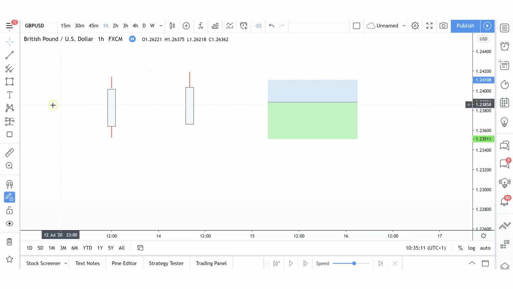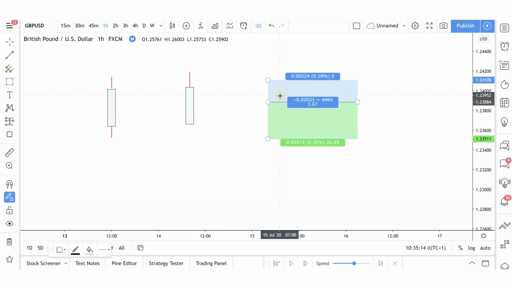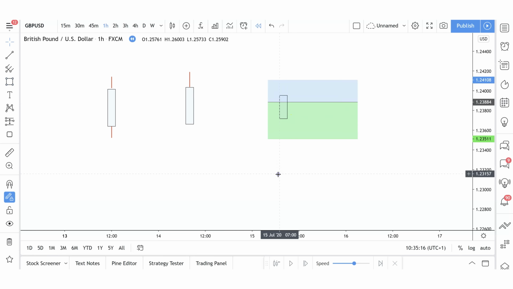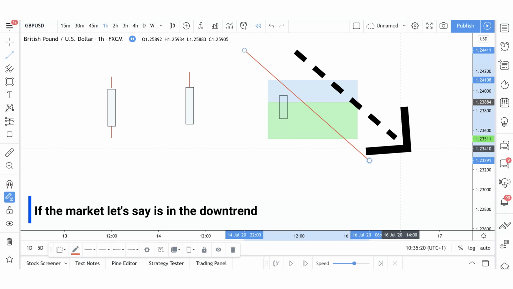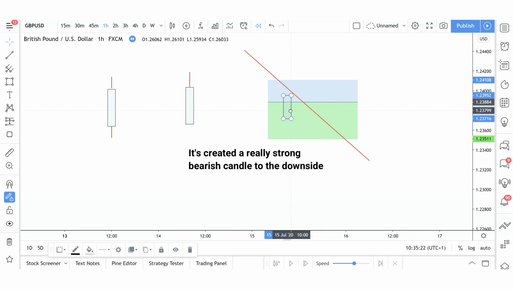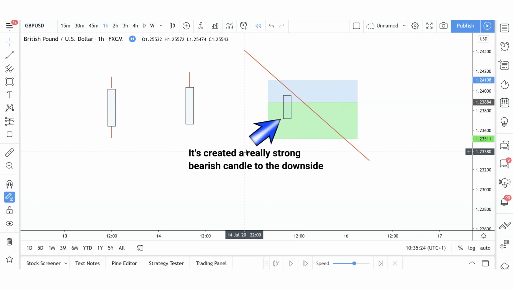Now, when the candles form on the chart, you have to understand, as I said already, they create a story. So if the market, let's say, is in a downtrend, and you can see that it's created a really strong bearish candle to the downside. Now, I'm not here promoting any candle formations per se, but I'm just saying get the overall picture of what I'm trying to illustrate here.